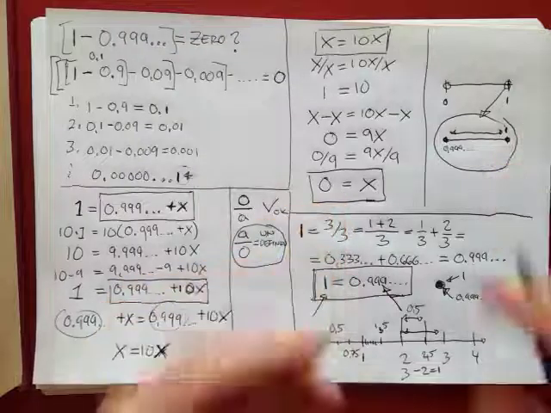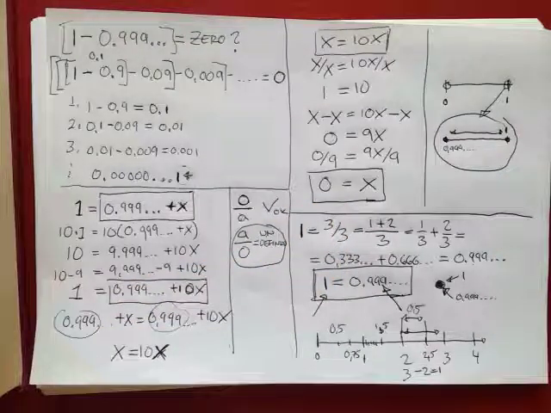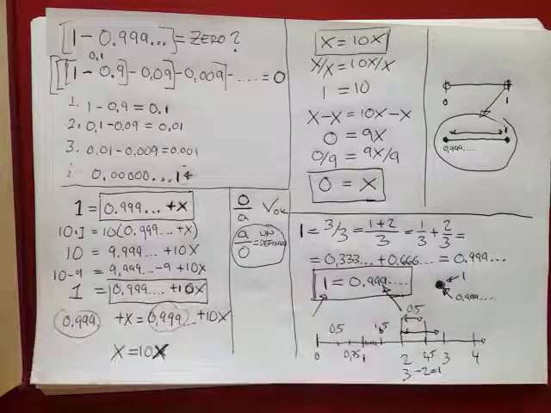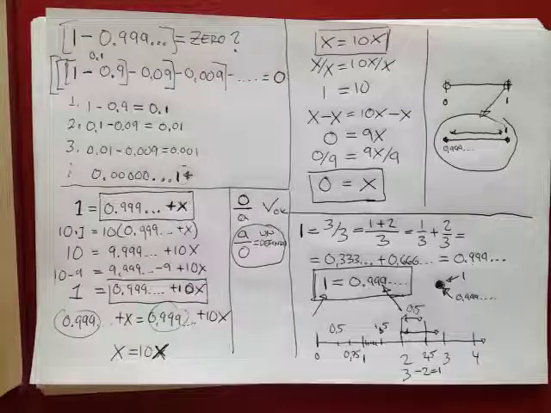Right? There's another thing to think about. We have two different things, but if we put them on a line, they will occupy the same spot on that line. That is to say, it's very densely packed.